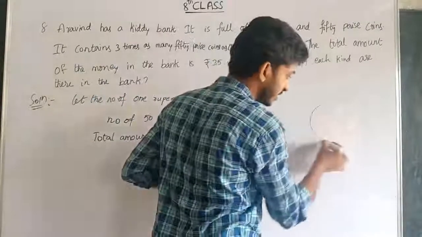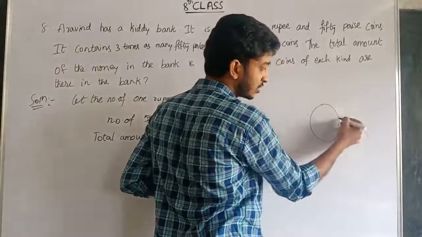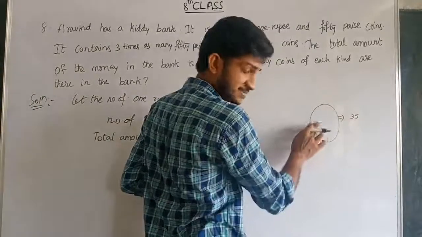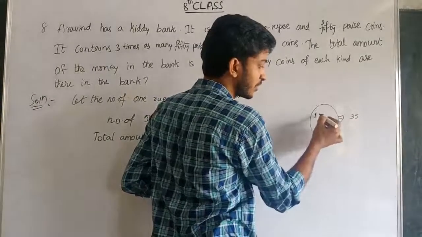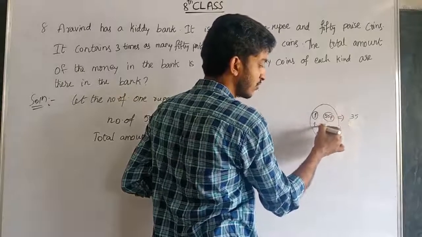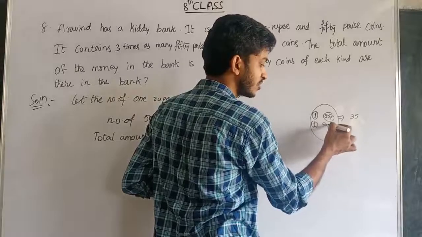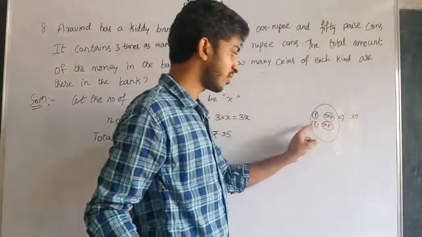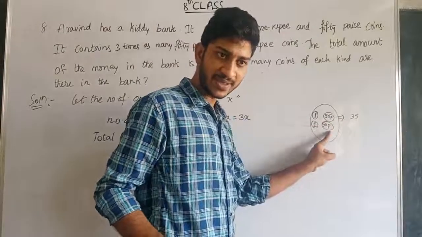In this kiddie bank, total money is 35 rupees, and it contains only 1 rupee coins and 50 paisa coins.